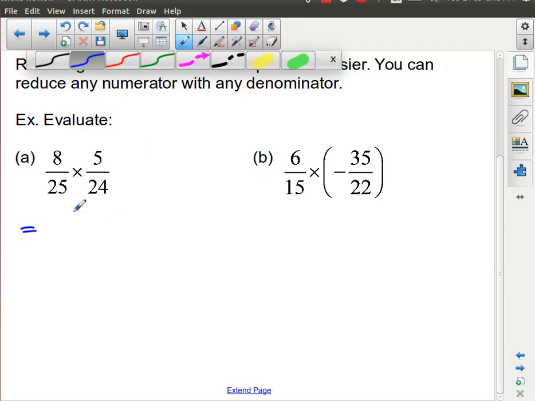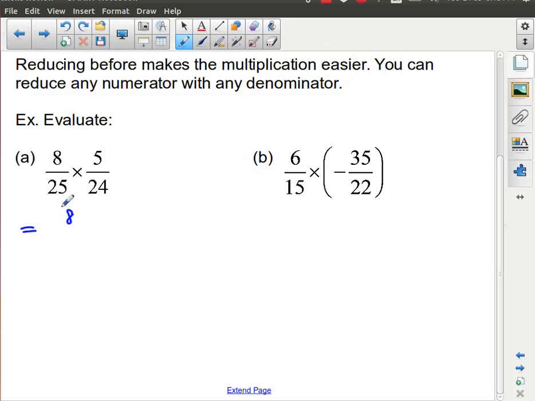And instead, since we're doing a multiplication, we can consider this to be, you don't have to write this part out, the number 8 times the number 5 over 25 times 24. You might think, well, big deal, you didn't actually change anything. But multiplication is commutative. We could say 8 times 5 is the same as 5 times 8.